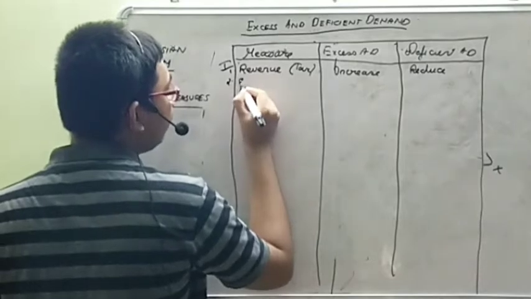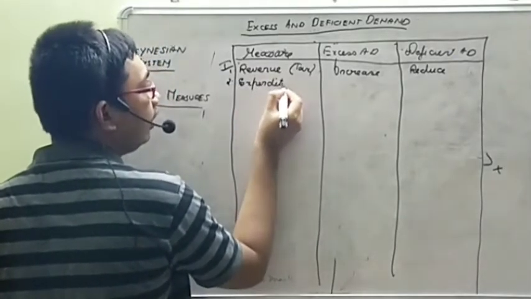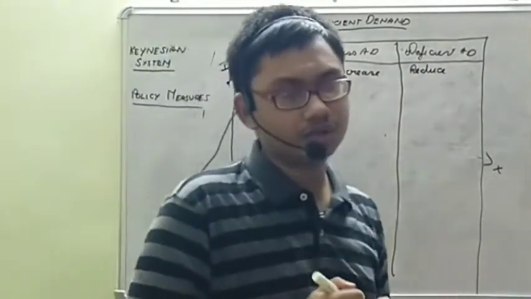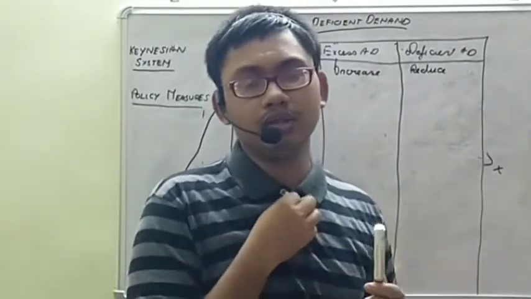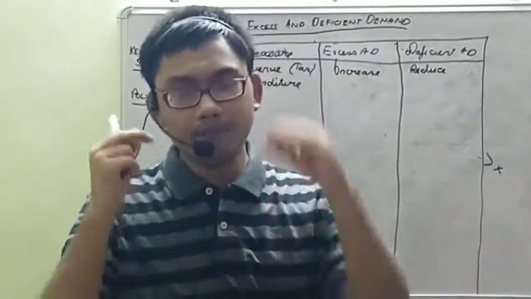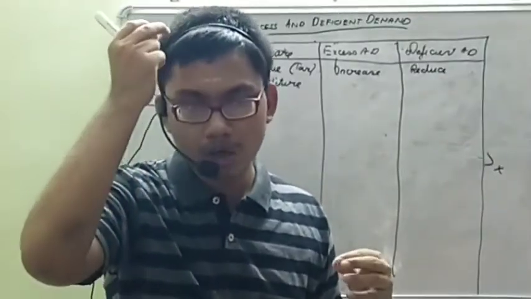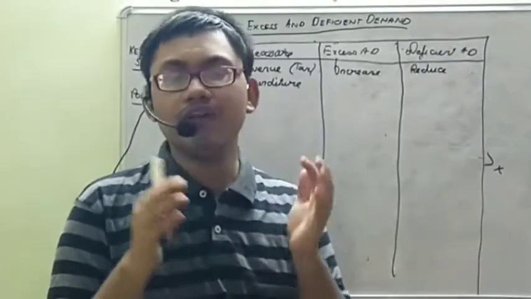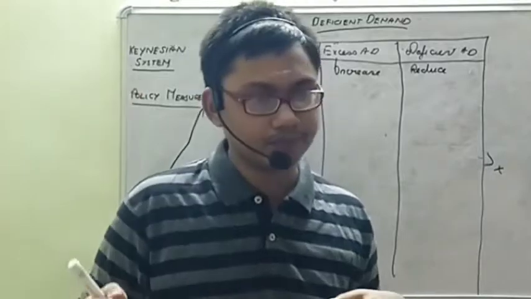Then there is expenditure policy. I have already told you in inflation, when public expenditure goes up, when construction of roads or something by the government goes up, then the government will make payment in order to accomplish the public expenditure. Therefore, if public expenditure is raised, people will have more money.